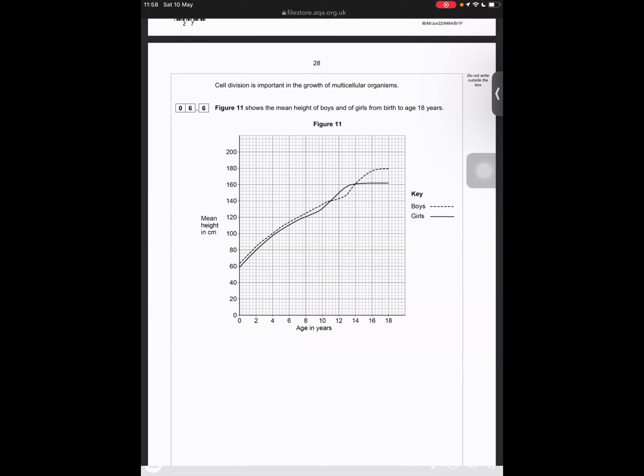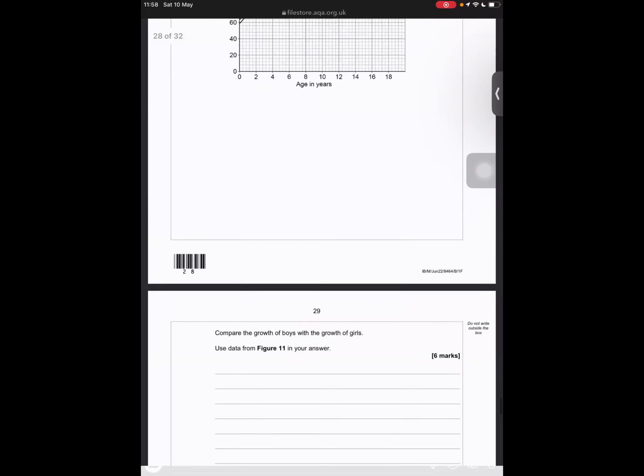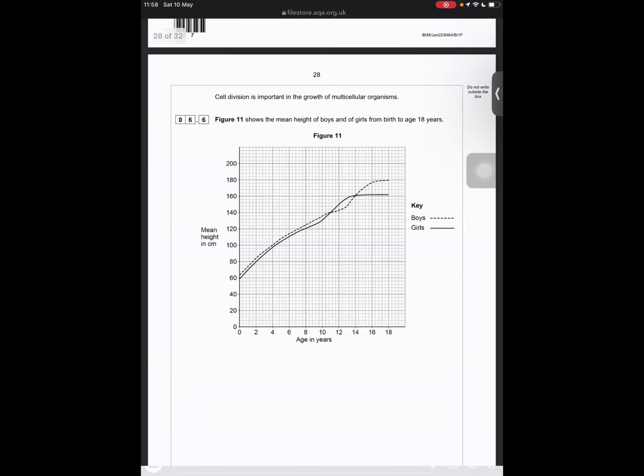I think we'll need to scroll down to see the question below. It says compare the growth of boys with the growth of girls. Okay, scroll up. Let's take a look at the graph and see the things we can deduce from it.